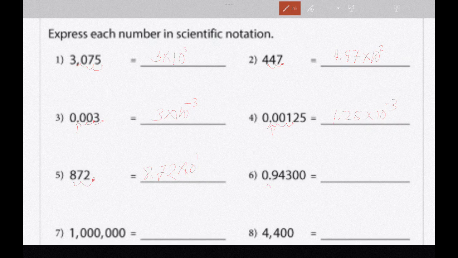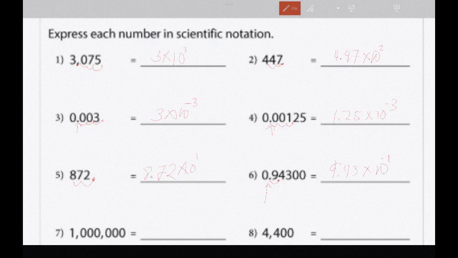On number 6, we have the decimal point here. So we move it to the first non-zero digit. So that will be 1. So the answer will be 9.43 times 10 to the power of negative 1.